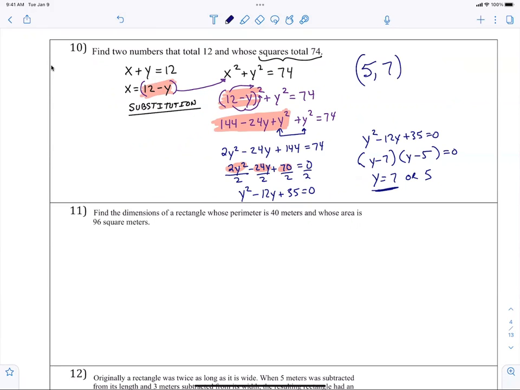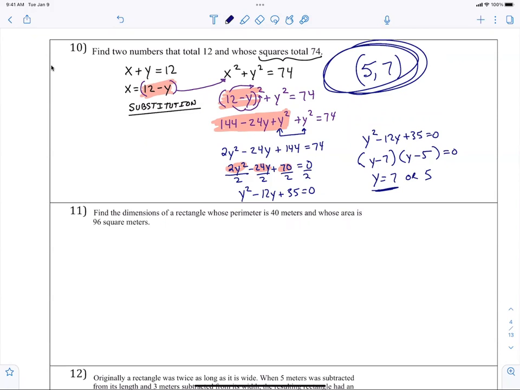And if you let y be 5, then x is what? 7. So are there 2 unique answers or just one? There's one. So the numbers would be what? 5 and 7. All right, 5 and 7. You can have 5 and 7 or 7 and 5, so it doesn't matter.